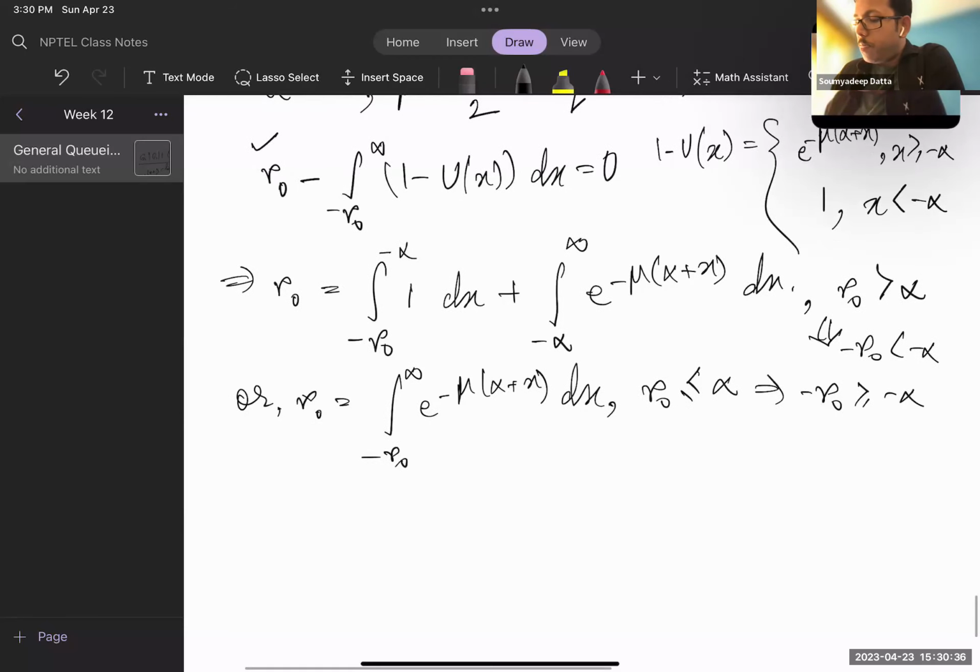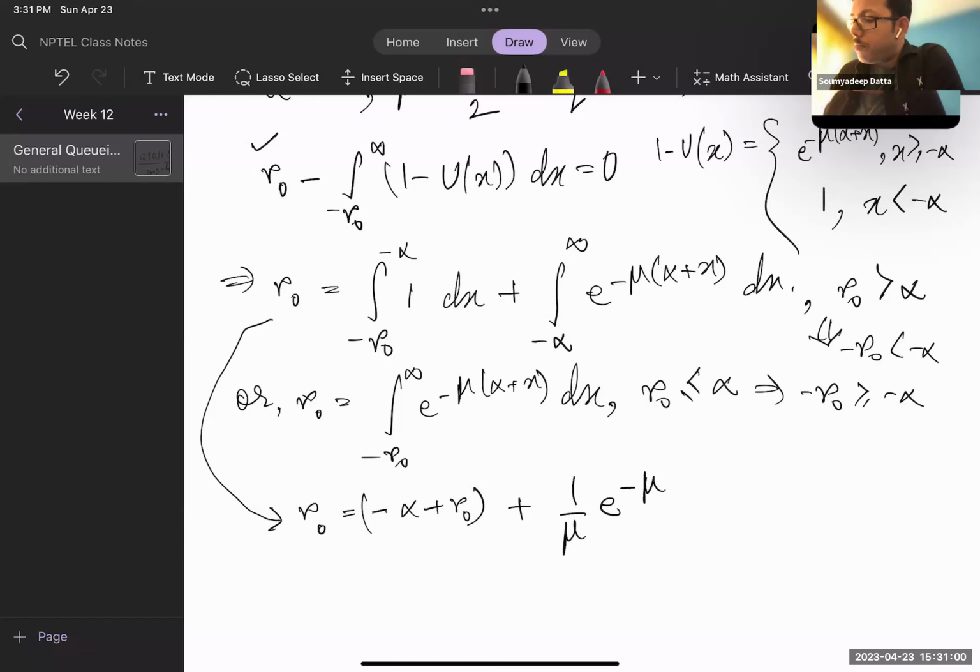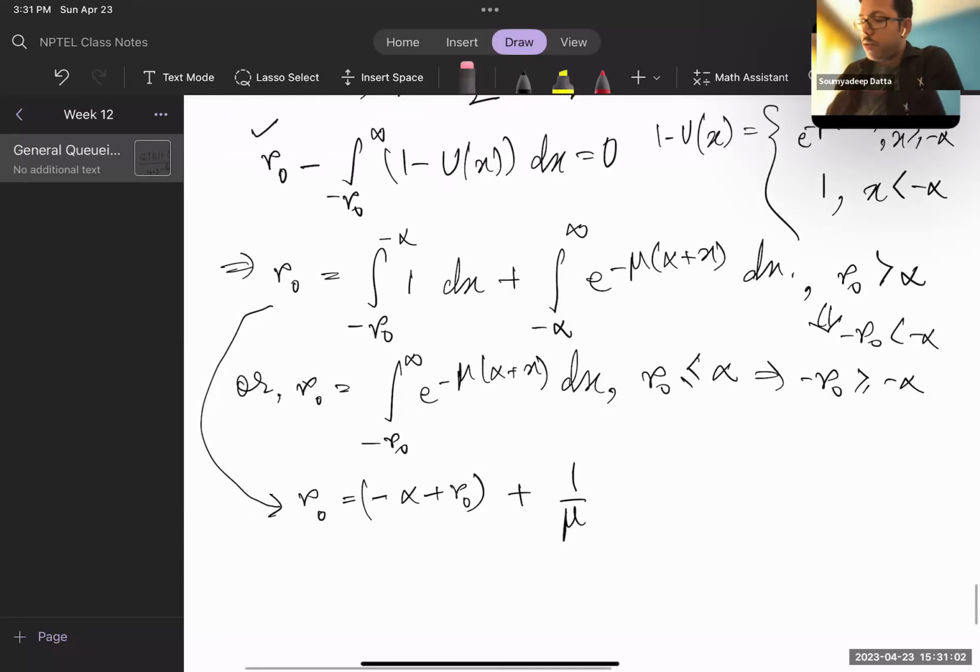For case 1, we have r naught equal to minus alpha plus r naught, I think, plus 1 by mu, e to the power minus 1 by mu, something like this.